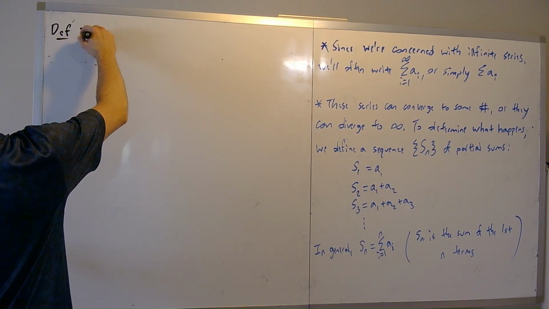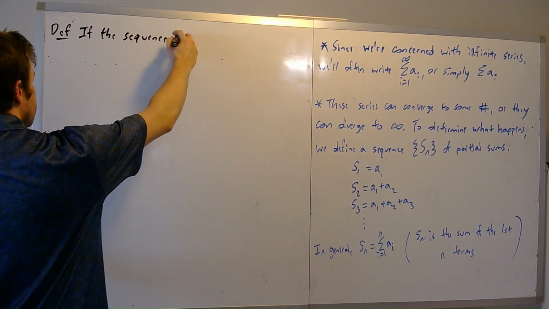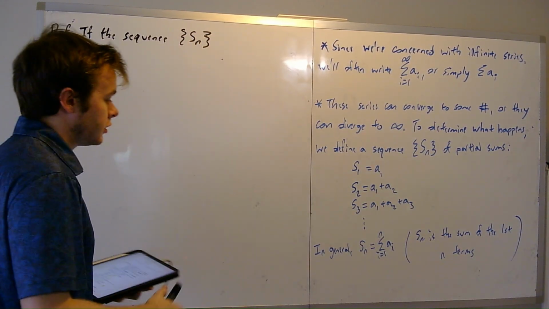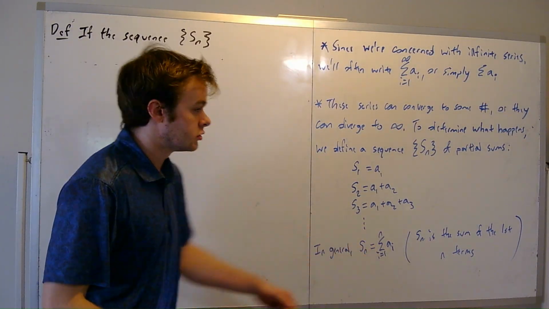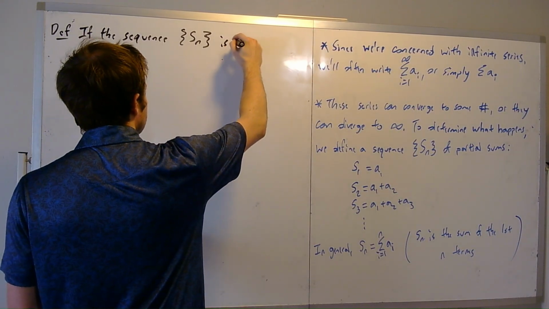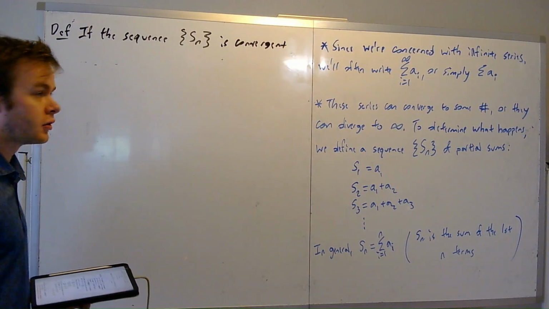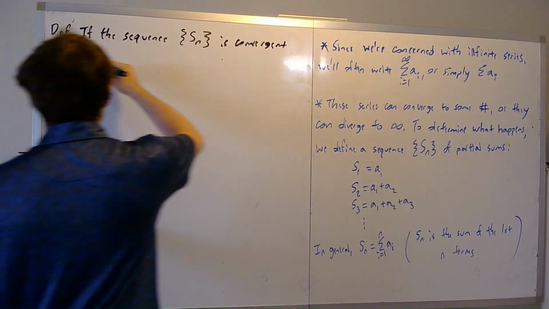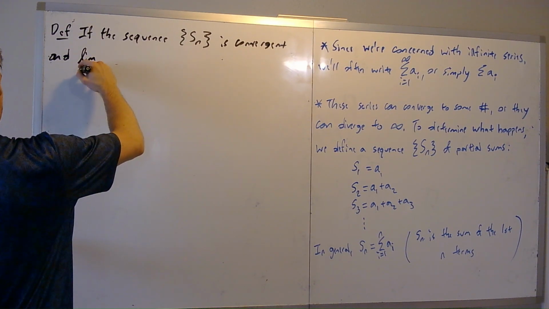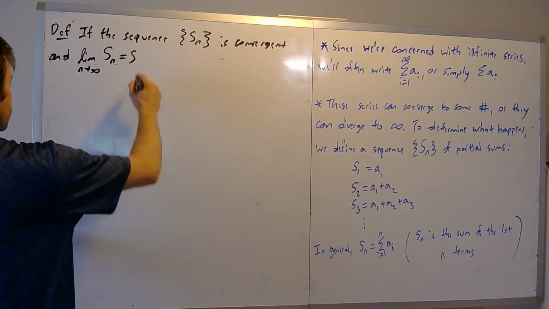If the sequence of partial sums, S_n, where each S_n is adding together the first n entries of your sequence a, is convergent, meaning it approaches some number, and the limit as n goes to infinity of S_n equals this number S, right?